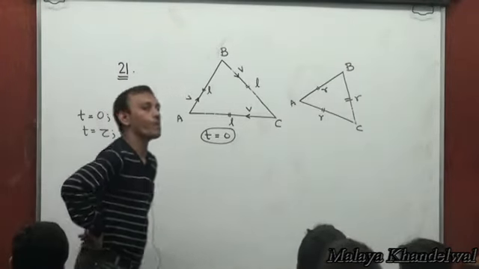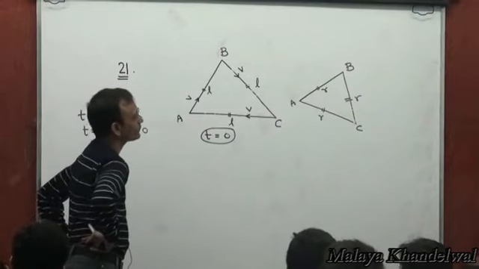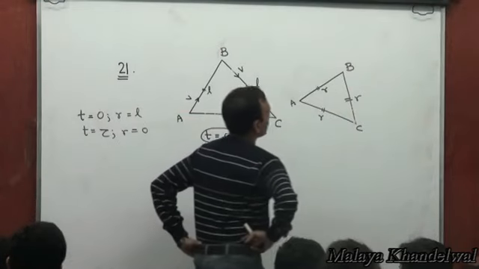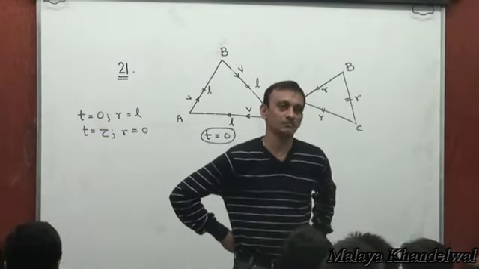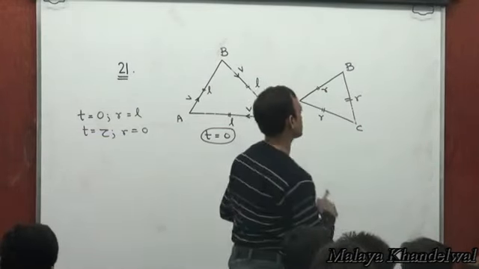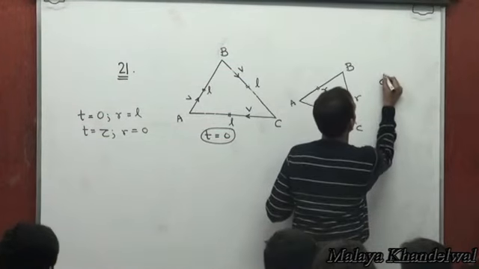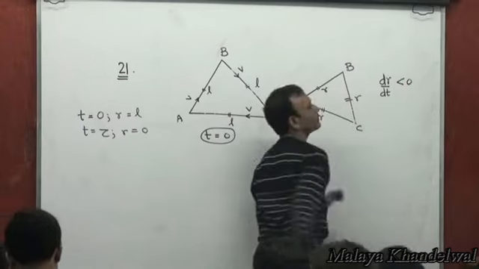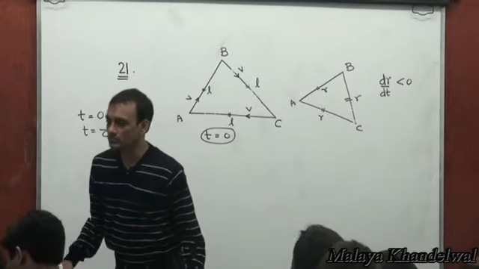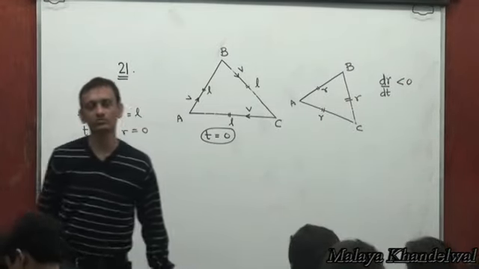Now, realize that R decreases with time. So, dr dt is less than 0. Because R is decreasing with time, dr dt is less than 0.